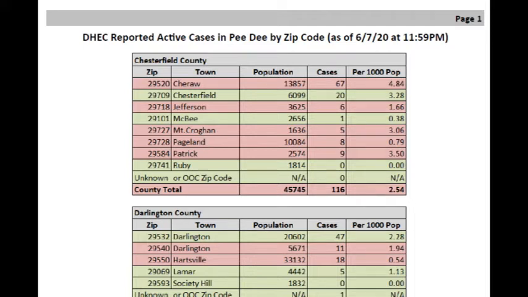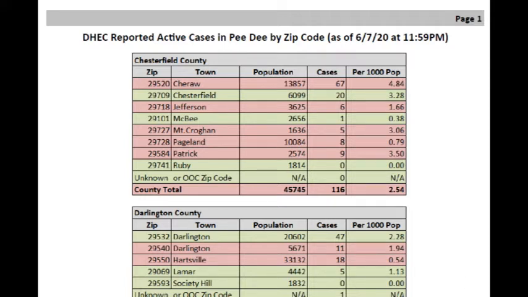Those in green, the number of active cases are either the same as a week ago or have decreased. County totals are given for each of the PD counties as well. In this case, Chesterfield County has 116 active cases, and that equates to 2.54 individuals out of every 1,000 residents.